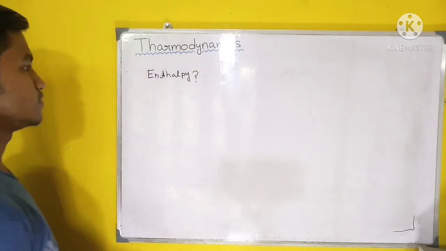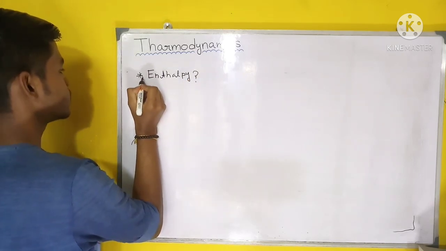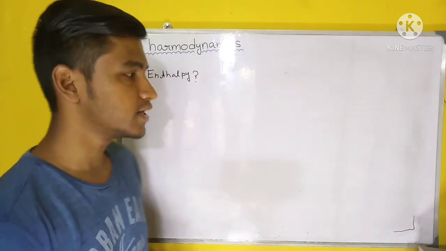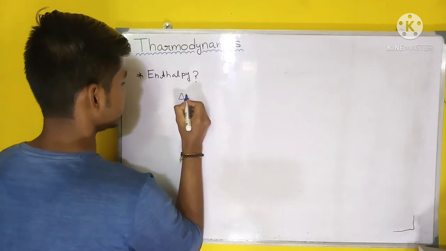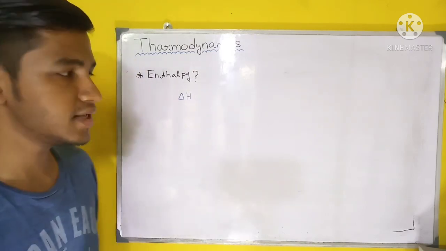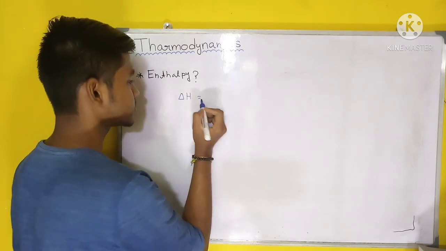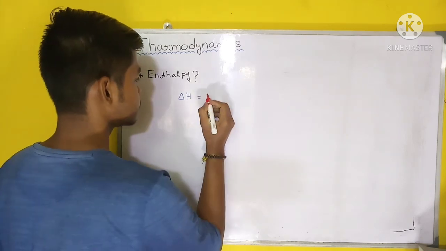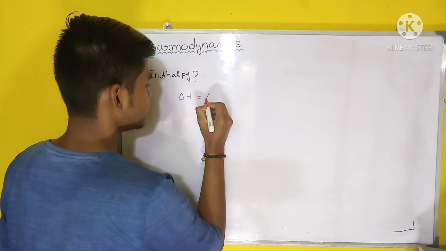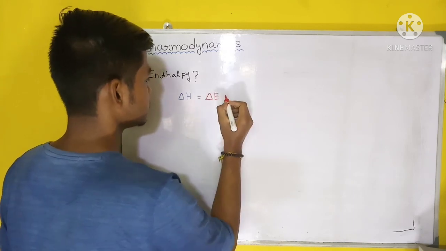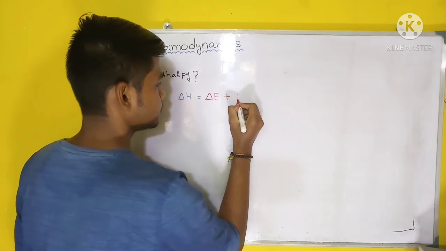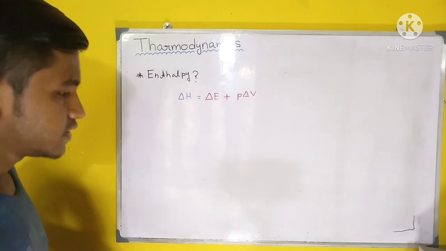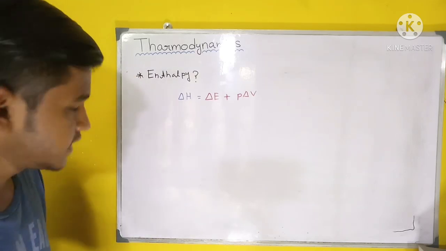Enthalpy is denoted by del H, and del H is the summation of del E plus P del V.